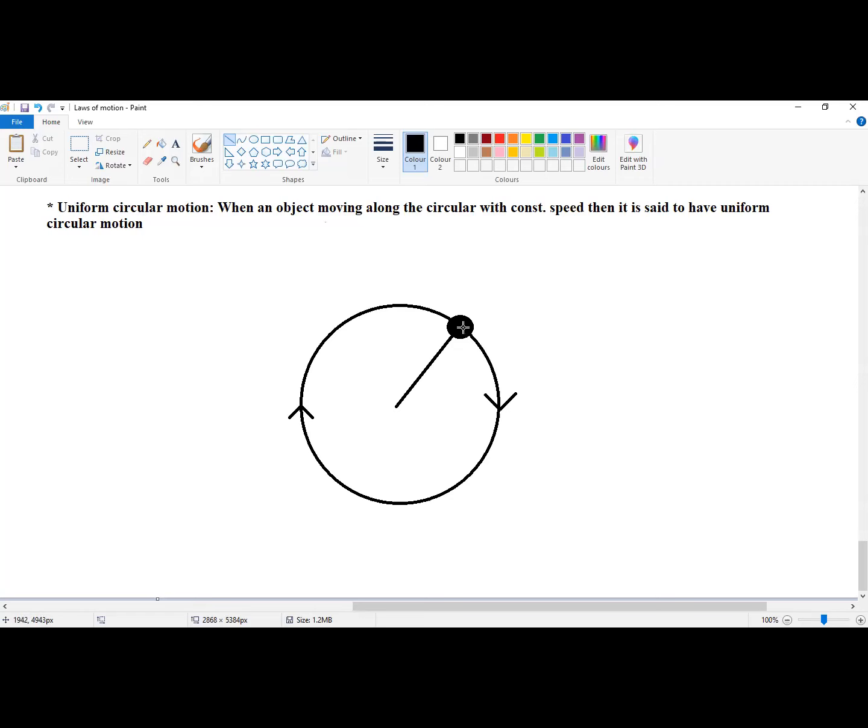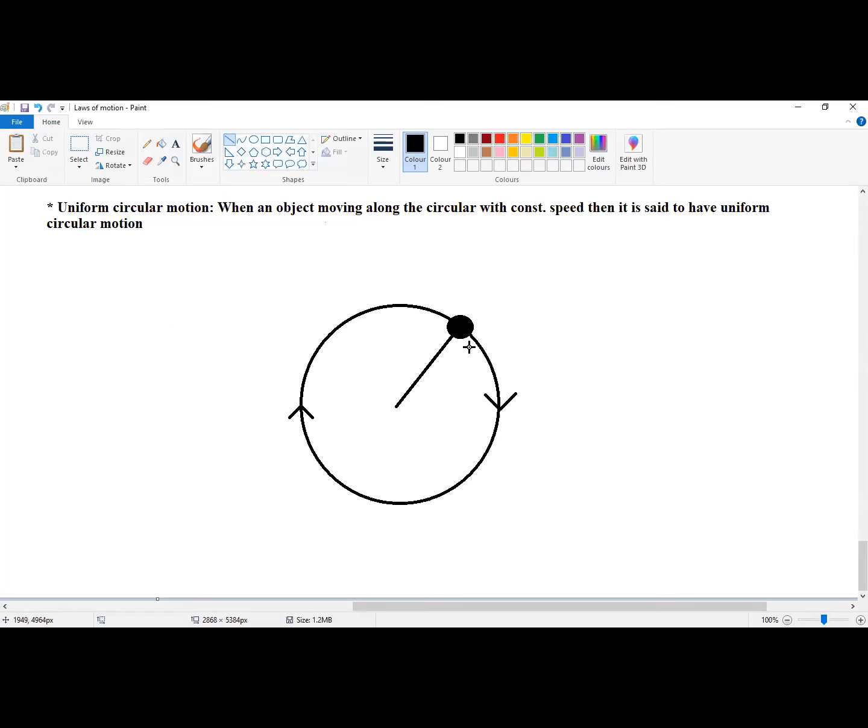Now we just need to know how to find the direction of that object. Where will it move if the force acting on that object suddenly vanishes? Suppose you release the stone, then where will it go? That direction we need to find. So how to find the direction?